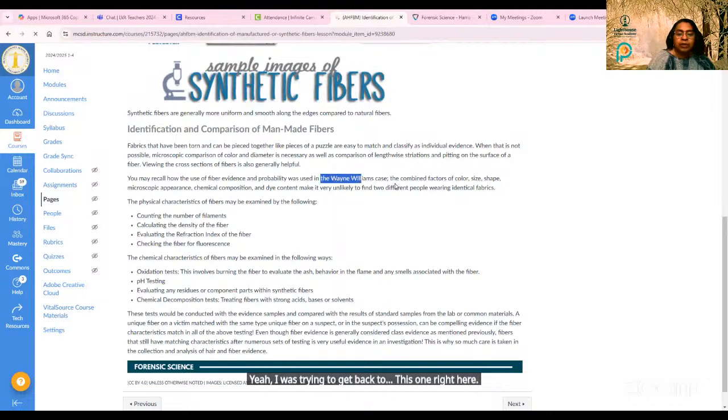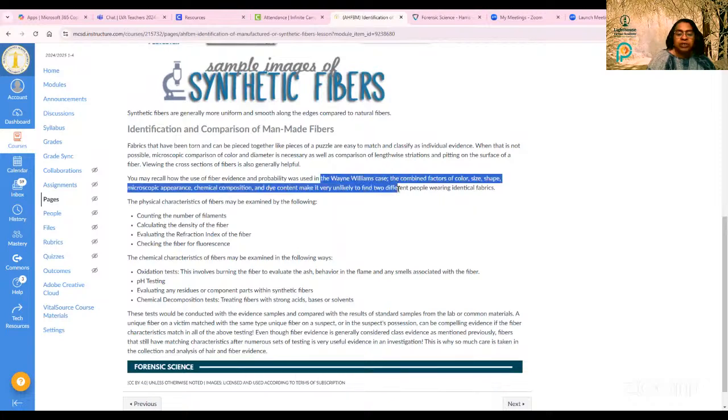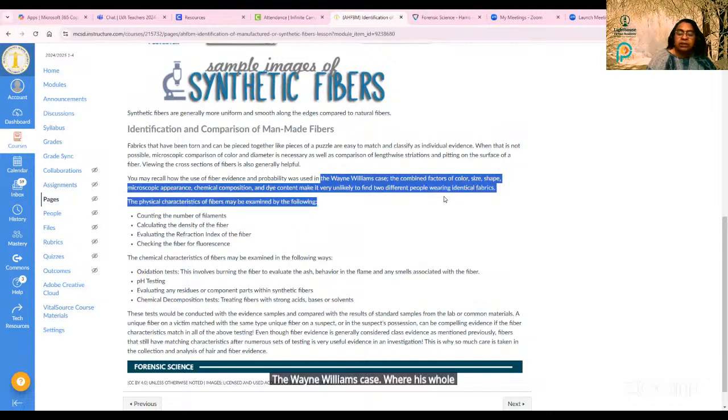The Wayne Williams case, where he still claims he didn't do it, with all the children in Atlanta that went missing, and he was convicted of murdering all these children.